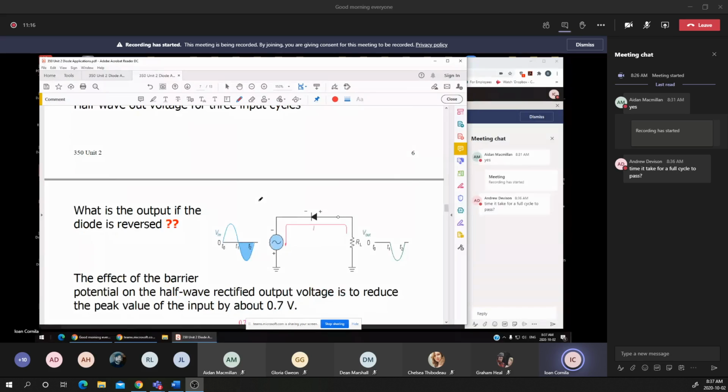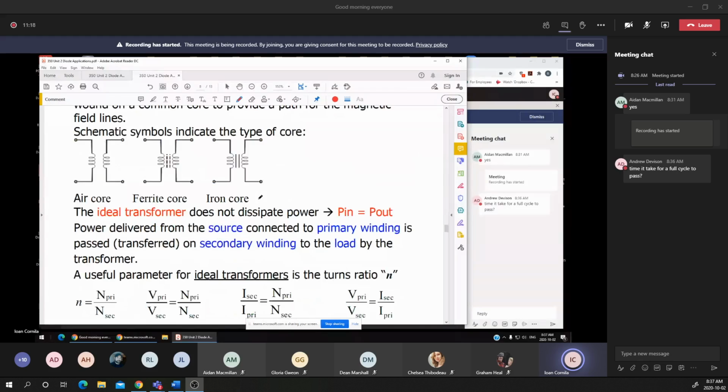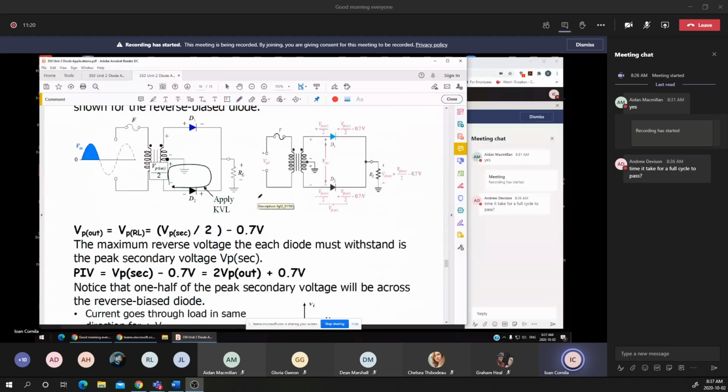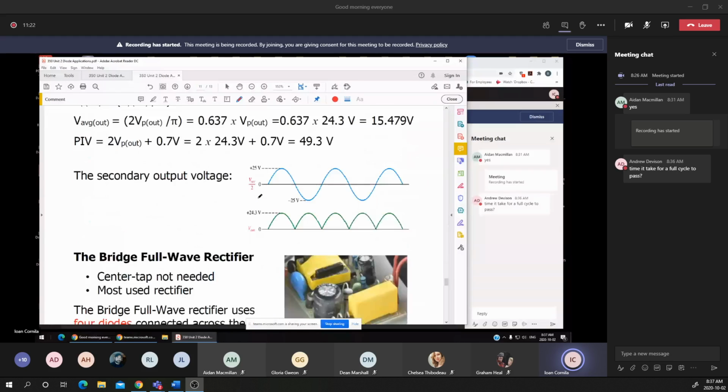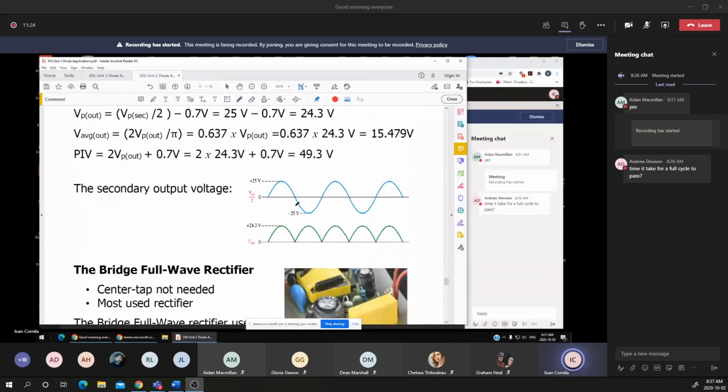But if I'm looking for the full wave rectifier, that's probably on page 10, 11. Okay, now let's have a look at this full wave rectifier. Again, by definition, the period is the length of time to complete a full cycle. That's the length of time to complete a full cycle for the input voltage.